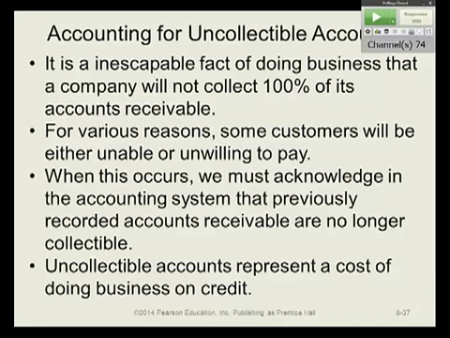If we think about some of the things that we've learned so far, again, trying to pull together concepts, if I said that credit sales increase sales revenue, right, that's a statement that I made, which is true. If you only offer cash sales, you're going to have lower revenue.